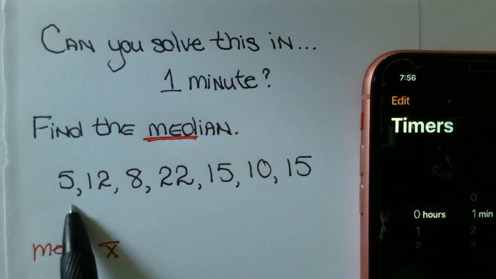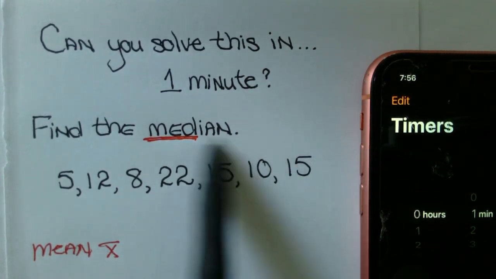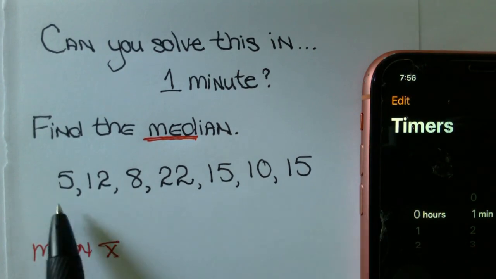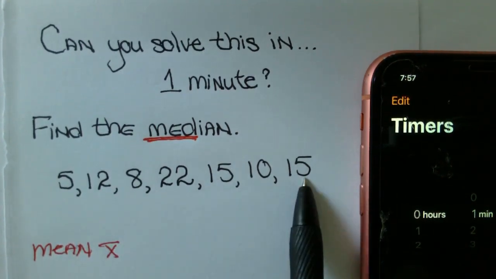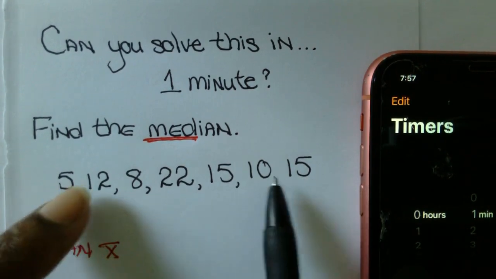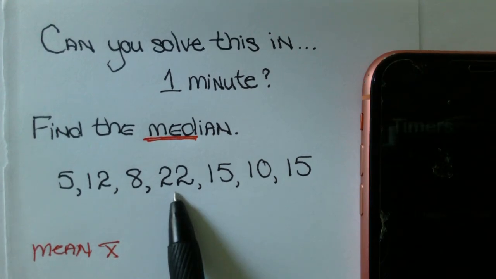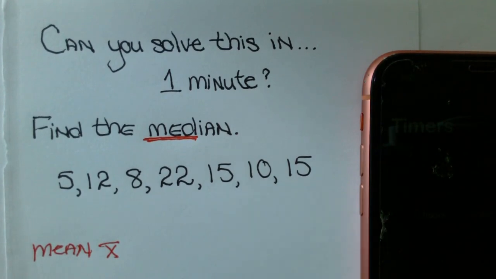That's what's happening here. But here's the key thing. You have to put your numbers in numerical order. So right now you're seeing I have 1, 2, 3, 4, 5, 6, 7 numbers here. And everybody's like, oh, okay, I'm going to count to the middle, and the middle number is 22. No. First, we have to put all these numbers in order.